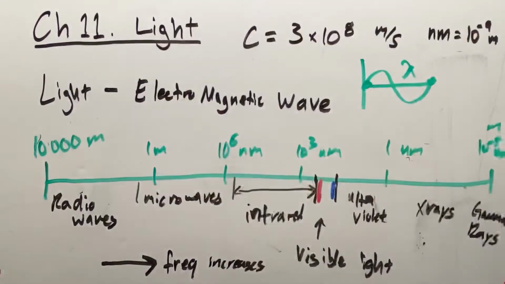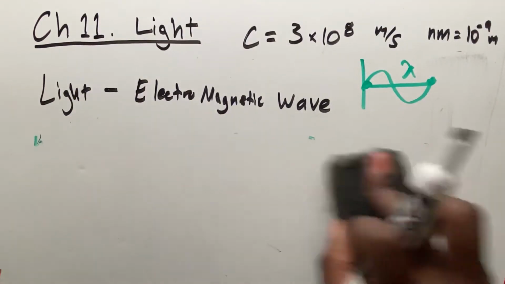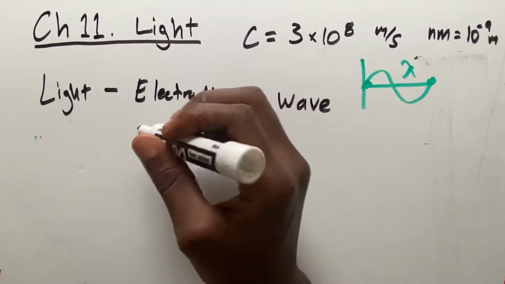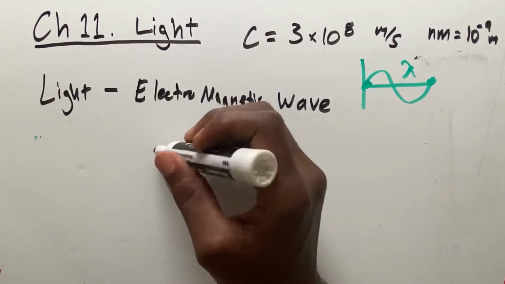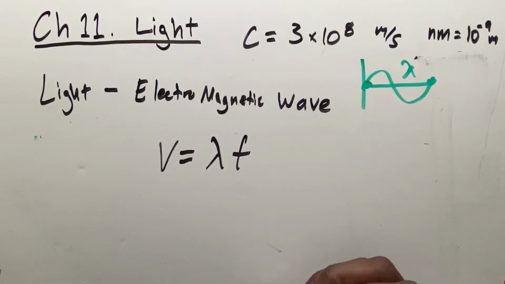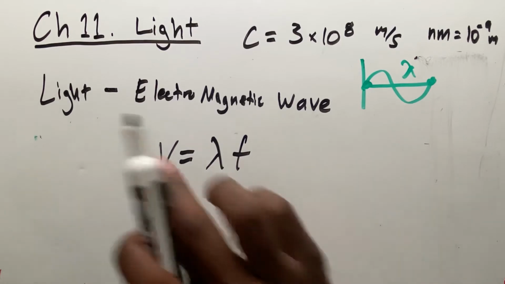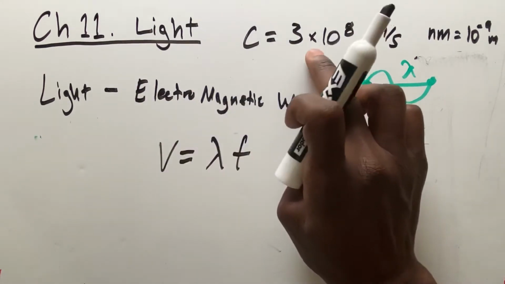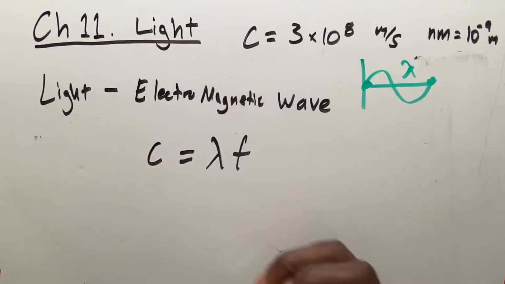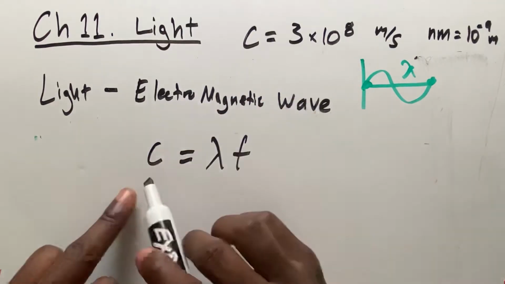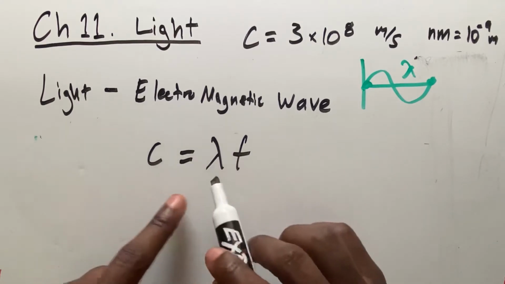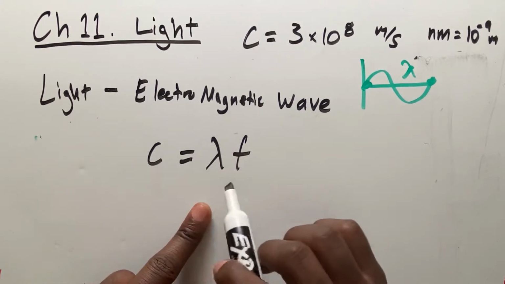So let me kind of show that with the equation. So we know the speed of light. Well, from the previous video, we know speed is related to the wavelength times the frequency, right? So since all light travels at the speed of light, we can just say this equals c, right? Well, this c is not going to change. It's going to be constant. That stays the same. So that means these two are interchangeable.